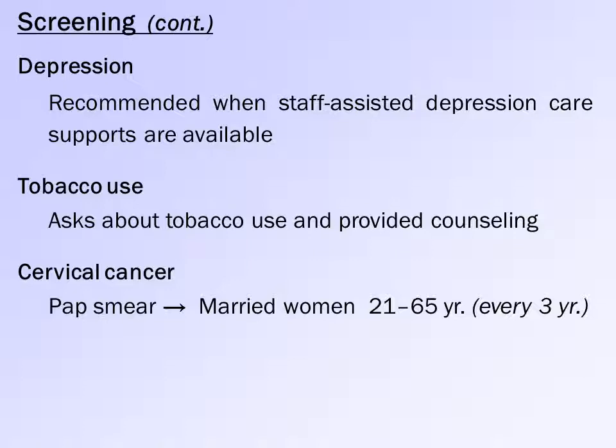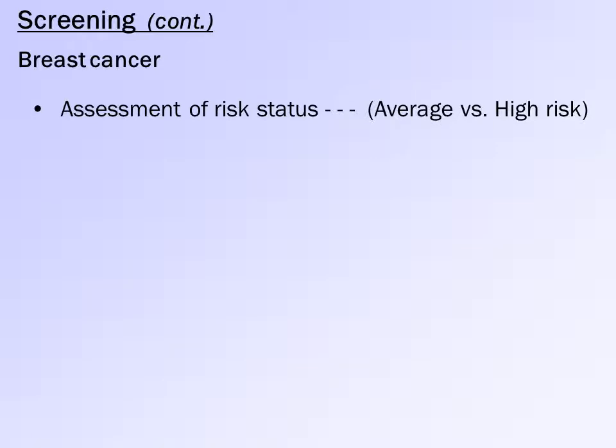For cervical cancer, a pap smear is advised in Iraq for married women between the ages of 21 and 65 years every 3 years. For breast cancer, assessment should first be for risk status, whether this woman is an average risk or high risk woman.